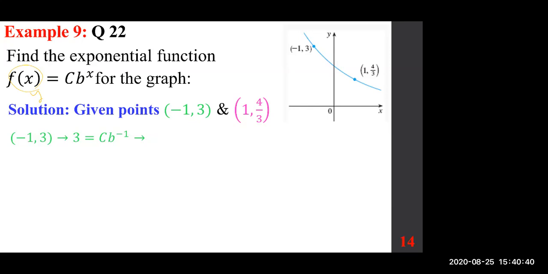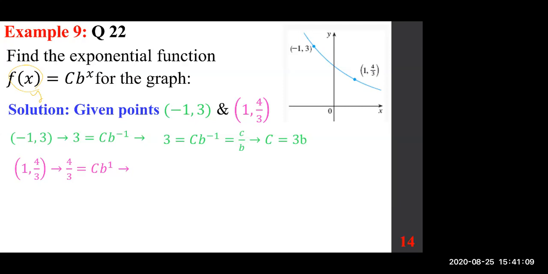And everybody knows c b to the power of negative 1 means c over b. Okay? So that's not a big deal. And therefore c becomes 3b. Let's use the second pair, 1 comma 4/3. So 4/3 is c times b to the power of 1, cb.